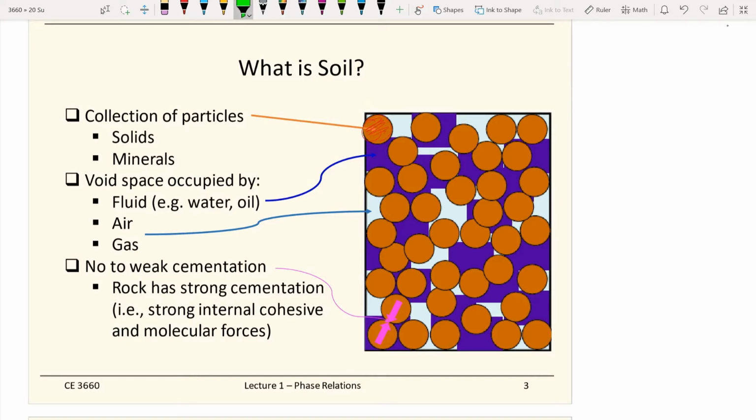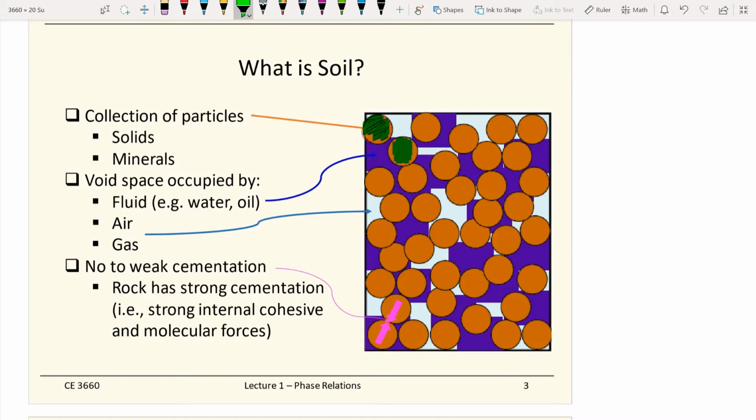Those could be solids like sand, as when you go to the beach and play with the sand particles, or they could be minerals when you have clay specimens. In between those particles or minerals, there is a void. The void could be filled with fluid or filled with air or gas. So there are different phases there.